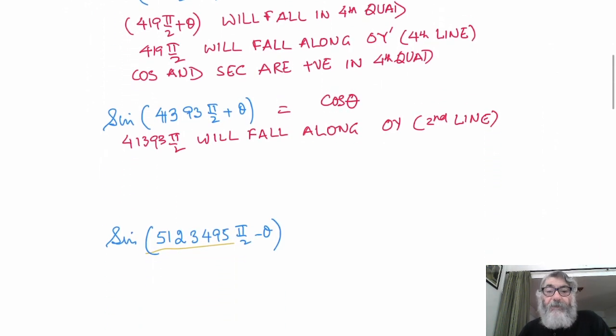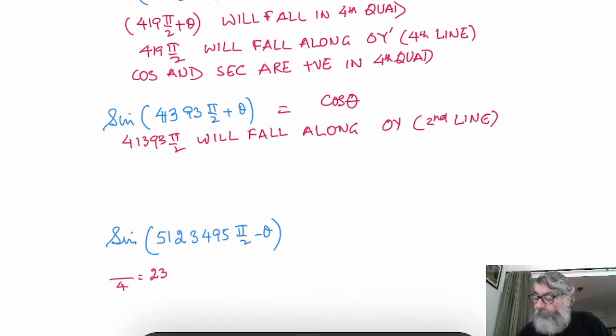It is even bigger: 5123495. Divide the last two digits, 95, by 4. 4 twos are 8 and 4 threes are 12. 3 is the remainder.